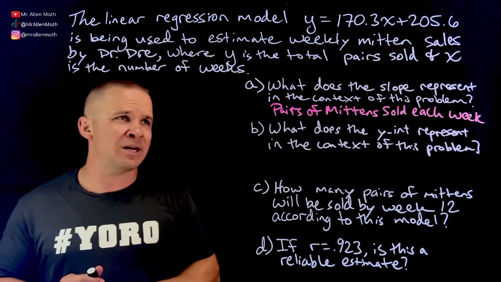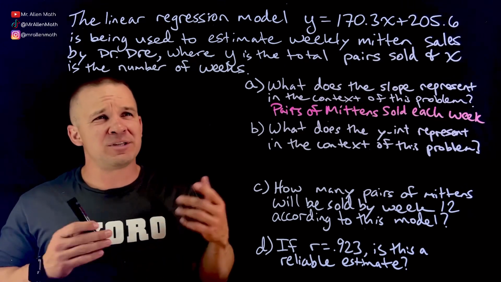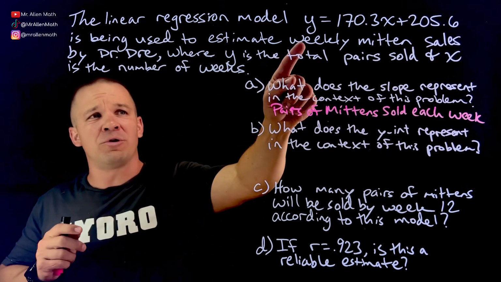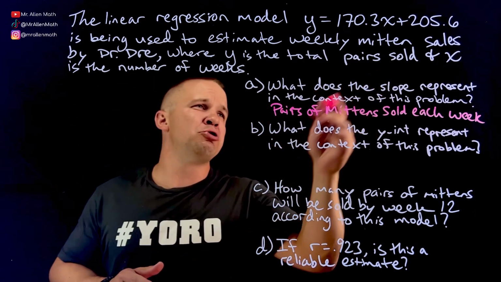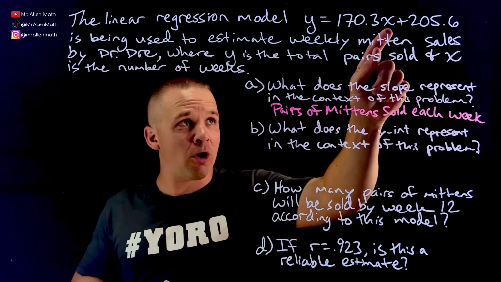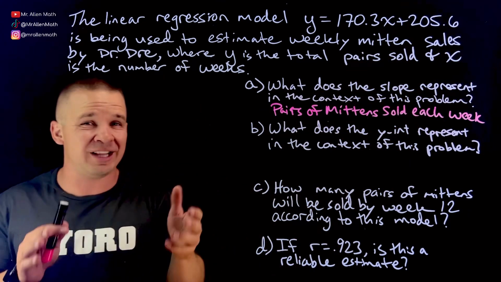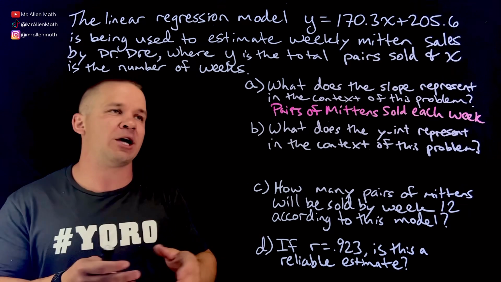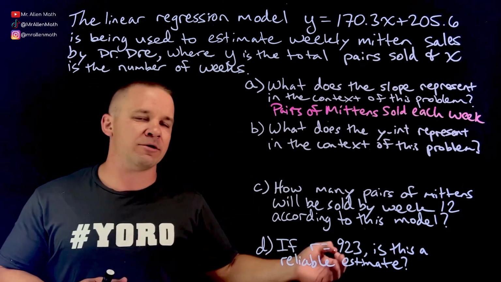Okay. Next one. The y-intercept. What does that represent in this one? So since y equals the total number of mittens sold, I would say that the 205 would be at week 0. If I plugged in 0, that would give me my y-intercept in any situation. When we're dealing with linear equations, really any equation you encounter, if I put 0 in for x, I'm going to get a y-intercept if it has one.